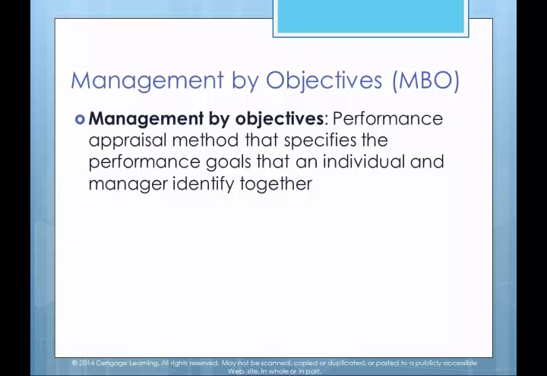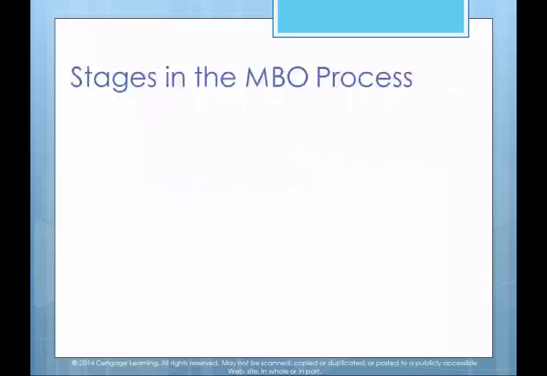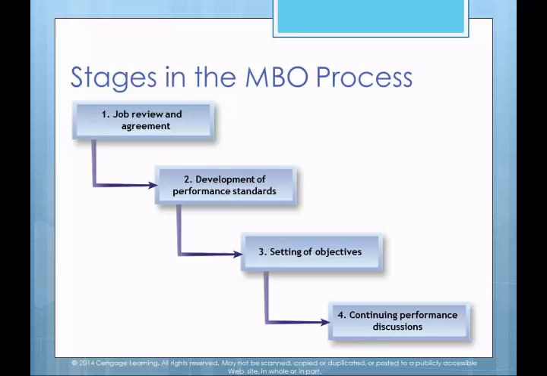However, MBO should not be a disguised means for a supervisor to dictate those objectives to the employee. Other names for MBO are appraisal by results, target coaching, work planning and review, performance objective setting, and mutual goal setting. Again, the key here is that it is done together with your manager.